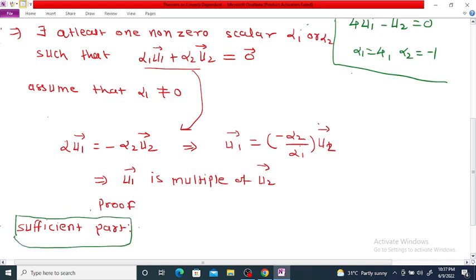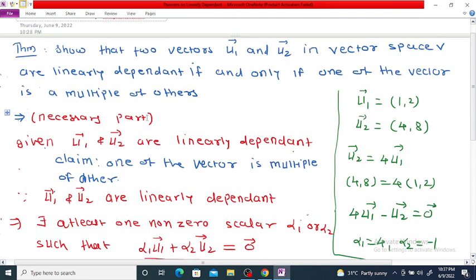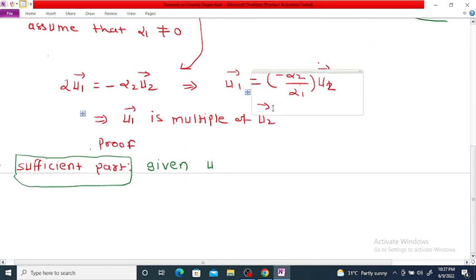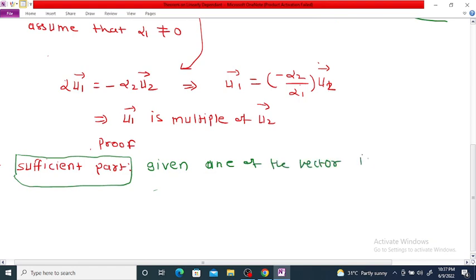Now here given: one of the vectors is a multiple of the other.